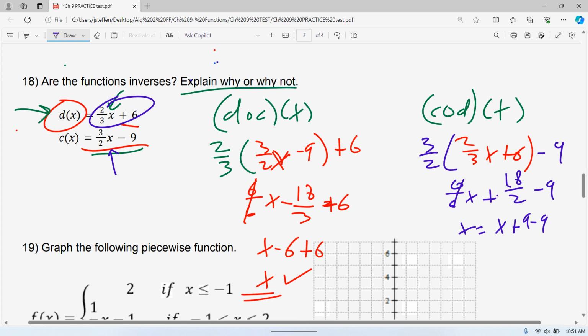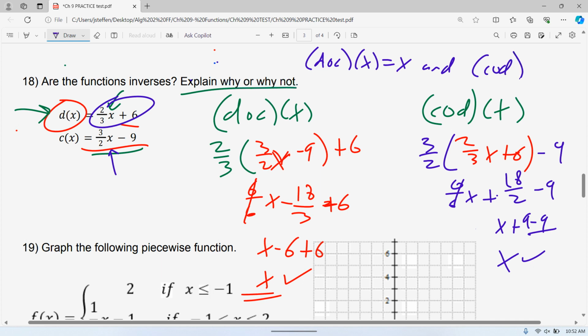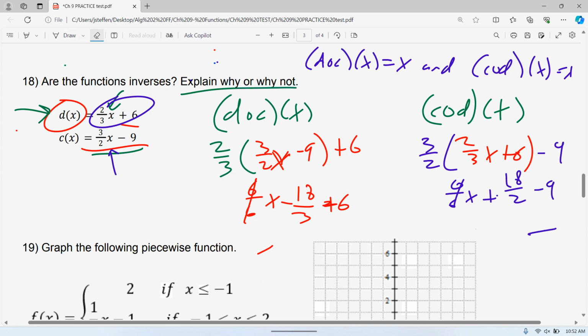So 9 minus 9. Sorry, there is no equal sign. Those cancel out, so we just have x, so it worked for both of them. So to explain, I'd say they are inverses, and for why, I would simply put d of c of x is equal to x, and c of d of x is equal to x. But again, I like the first method better. I think it's a little less, more math that we're actually used to doing.